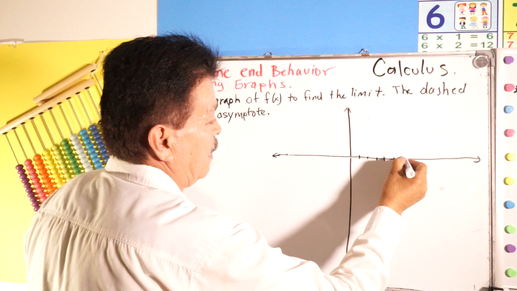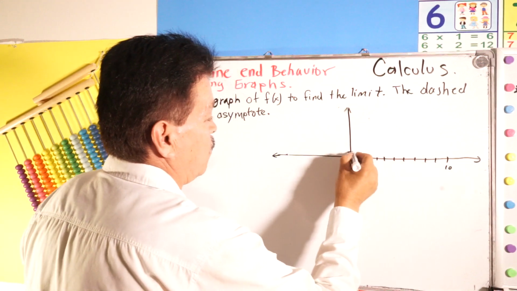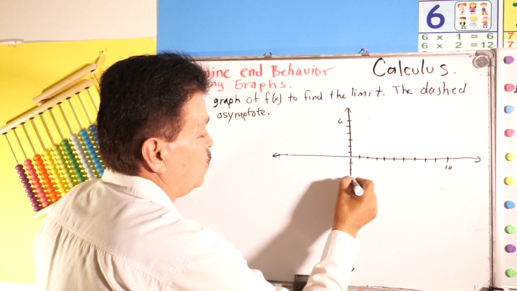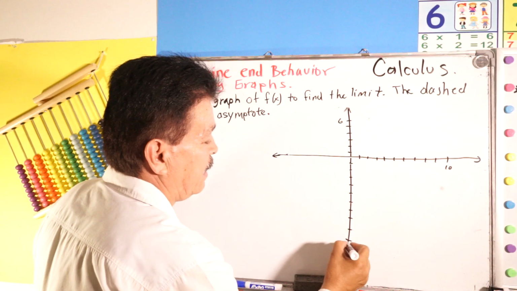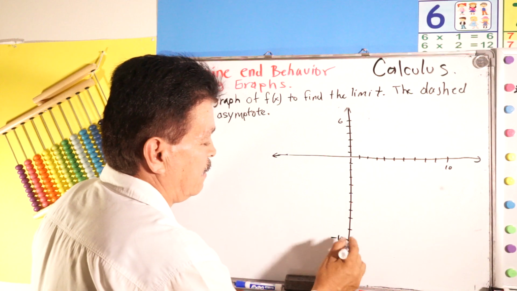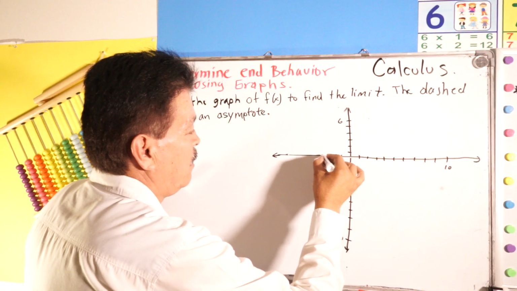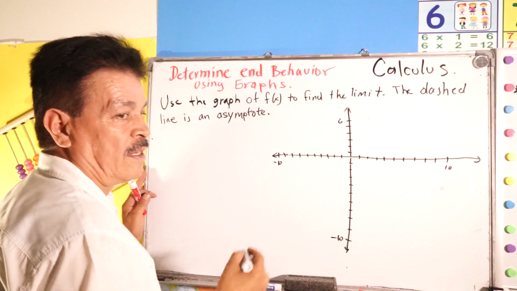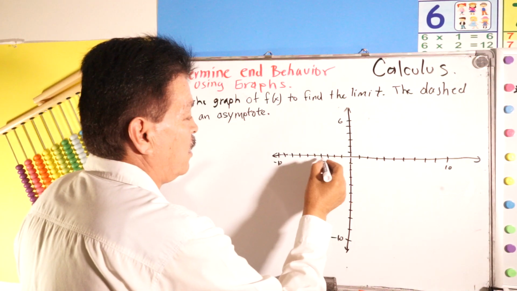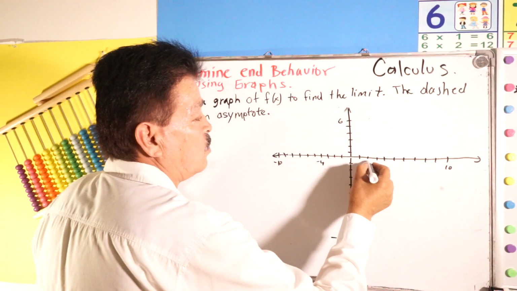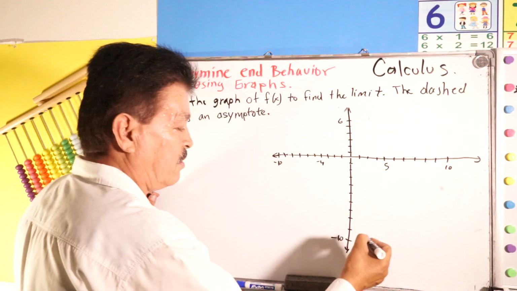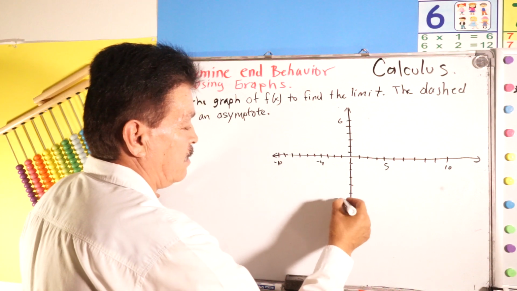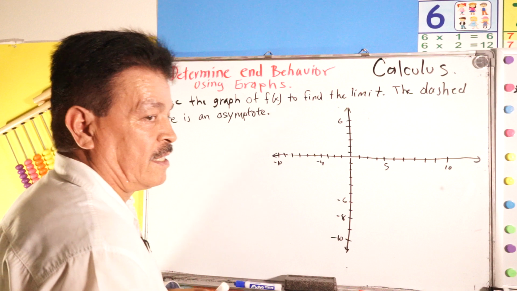I'm going to put some points here: 1, 2, 3, 4, 5, 6, 7, 8, 9, 10 and negative 10 on the axes, with points at negative 4, 5, negative 8 and negative 6. Okay, those points, that's good.